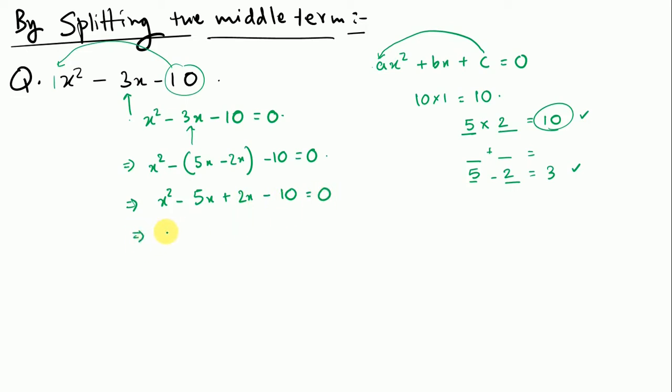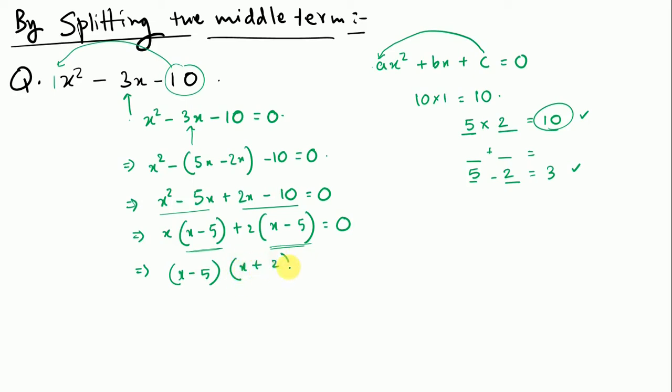Now just take common from these two and from these two. So this will be x into x minus 5 plus 2 into x minus 5 equals 0. Now see over here, x minus 5 and x minus 5 are common, so we will take x minus 5 as common, and the remaining will be this. Now equate both of these with 0.